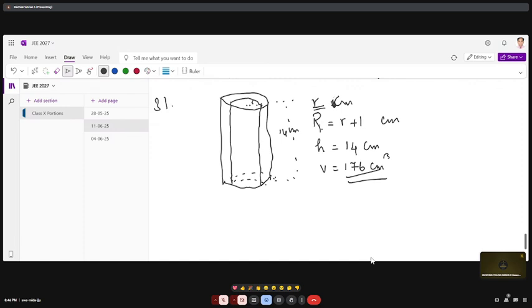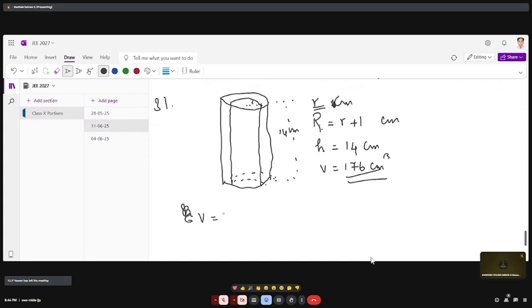You can write down the formula for the volume and equate it to 176, and you will get r. As simple as that. It's very straightforward. So what will be the formula for that hollow cylinder? Pi times (capital R square minus small r square) into h. Very good.